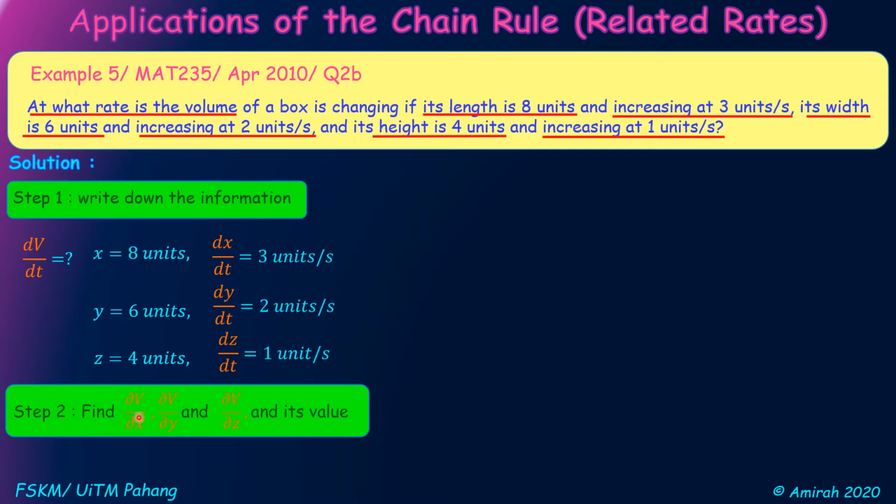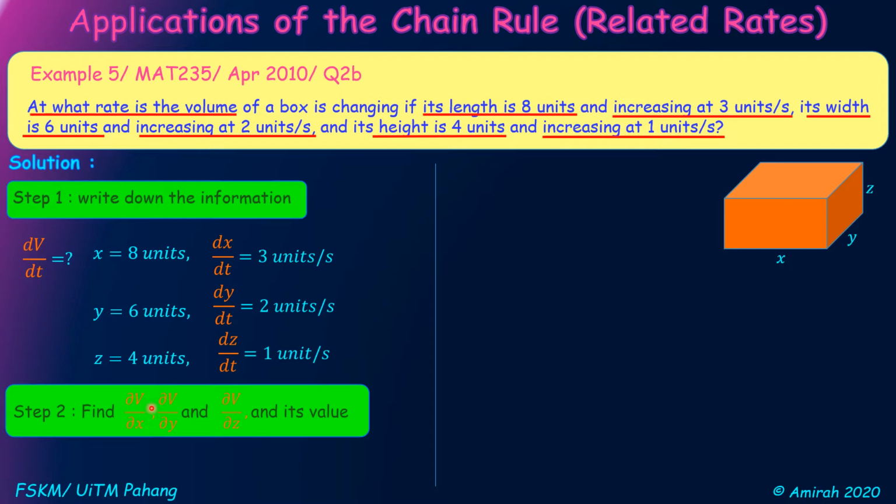Find del V over del x, del V over del y, and del V over del z and their values, because V is related with x, y, z. From the volume of a box, we can draw a diagram.